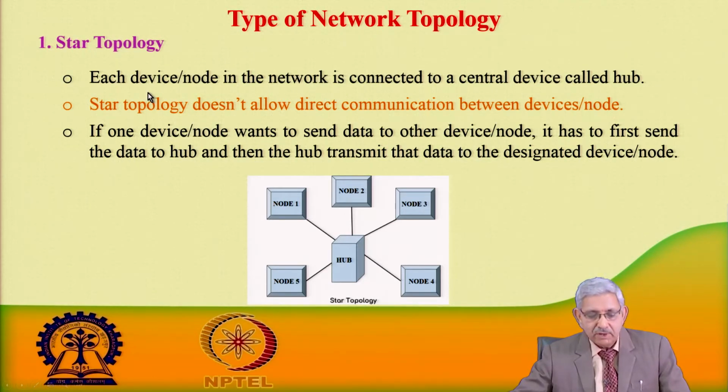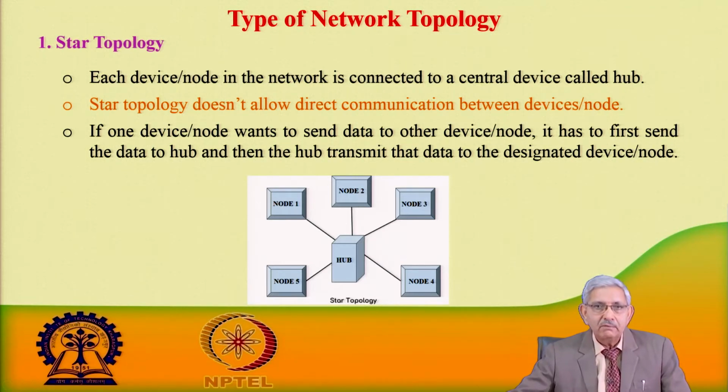Here each device, you can see, it looks like a star and all these nodes are connected with a hub. Each device or node in the network is connected to the central device known as a hub. Star topology does not allow direct communication between the nodes. Node 1 is not connected with node 2.